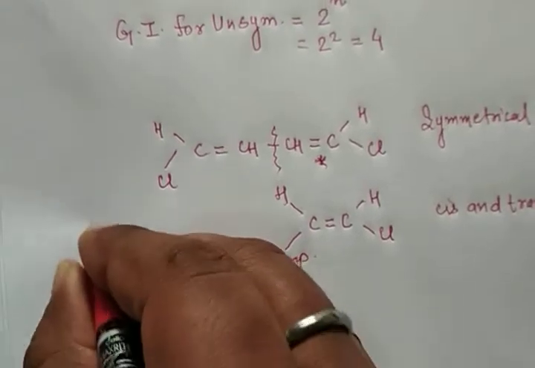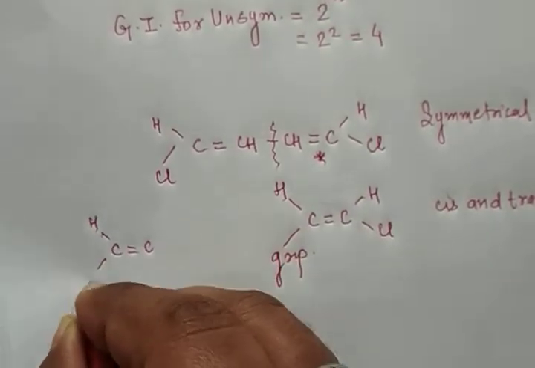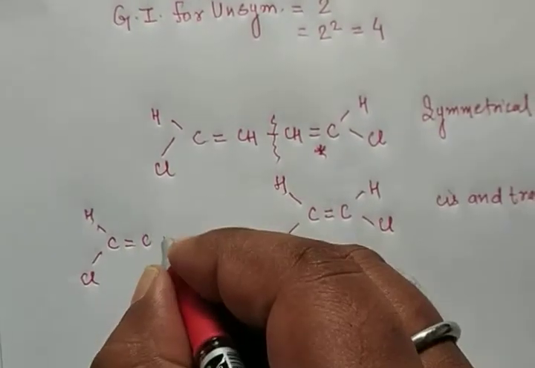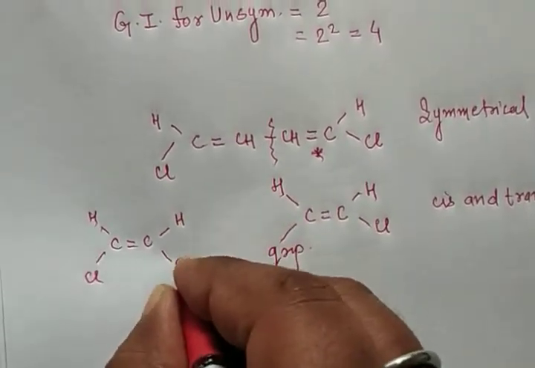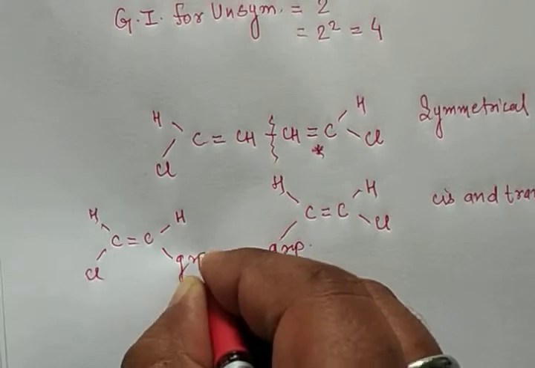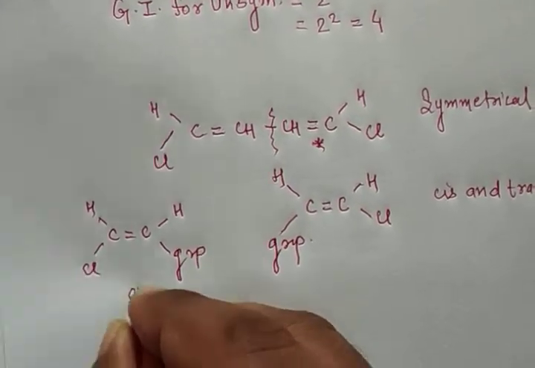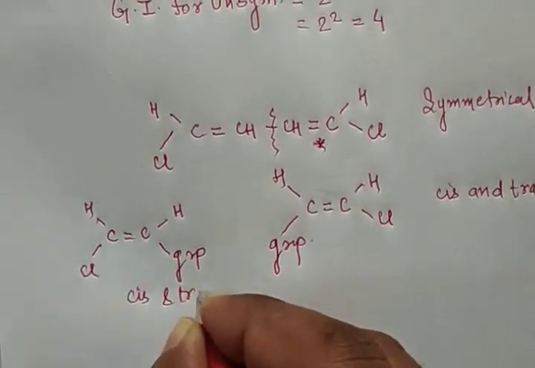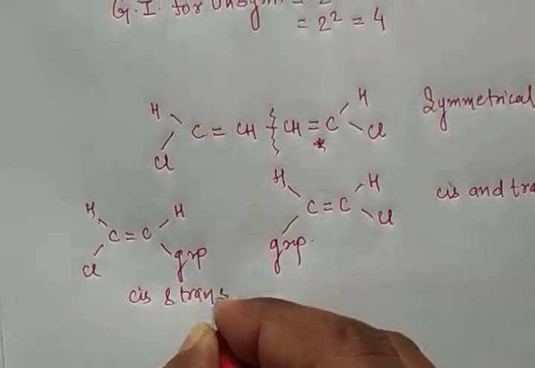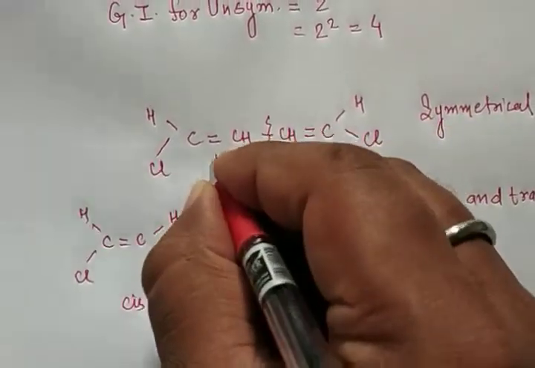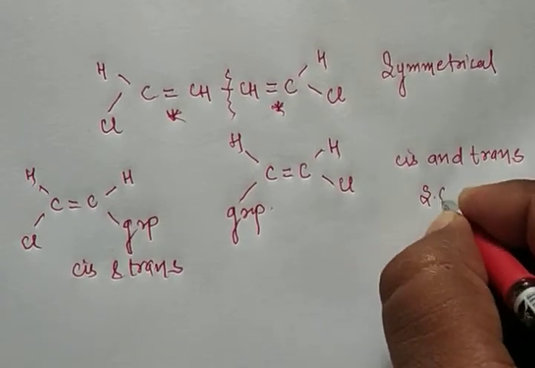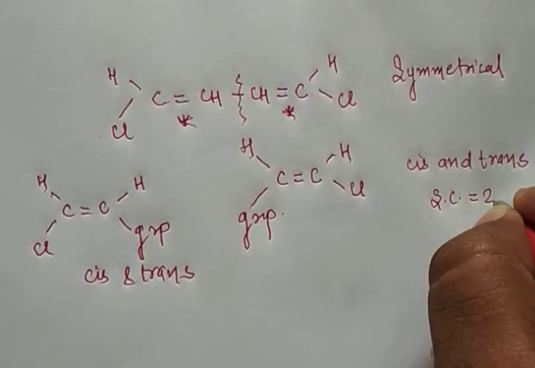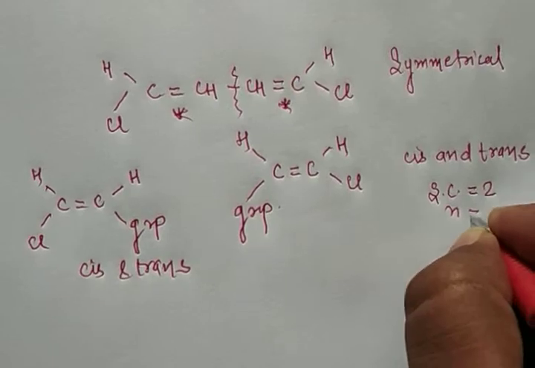One side is H and one side is Cl. And again on this carbon, one side is H and the other side is the whole group. Both sides have hydrogen, so cis and trans are possible. And this is one stereo center. Now this is also the same: on that carbon double bond, one side is H and one side is Cl, and the other carbon has H on one side and the whole group on the other. Again cis and trans are possible. So this is one stereo center and this is the second stereo center. How many stereo centers are there? Two. It means n is equal to 2.